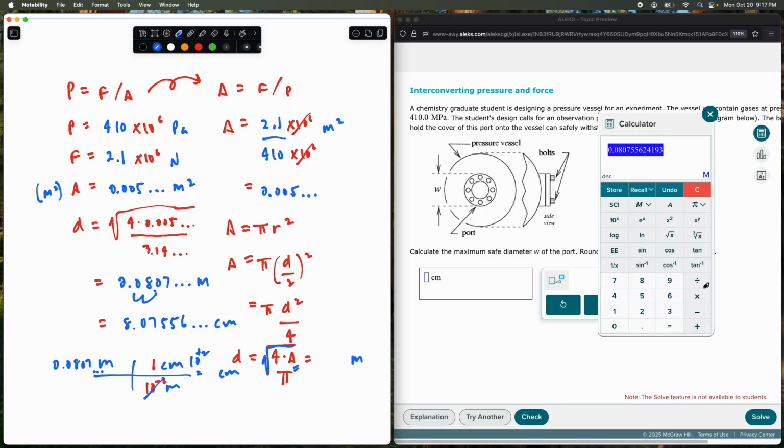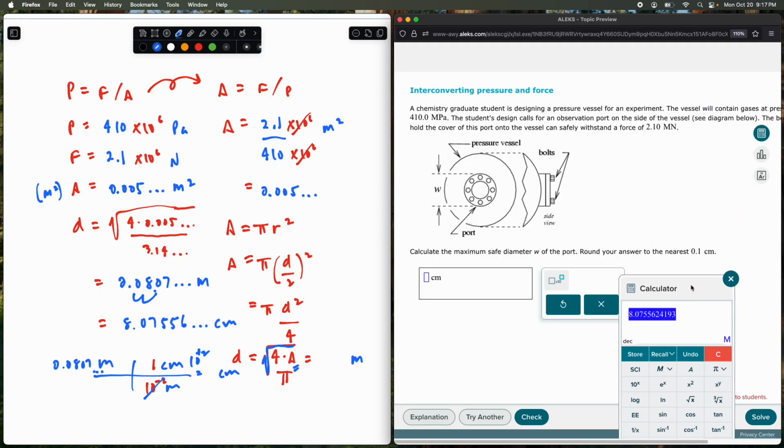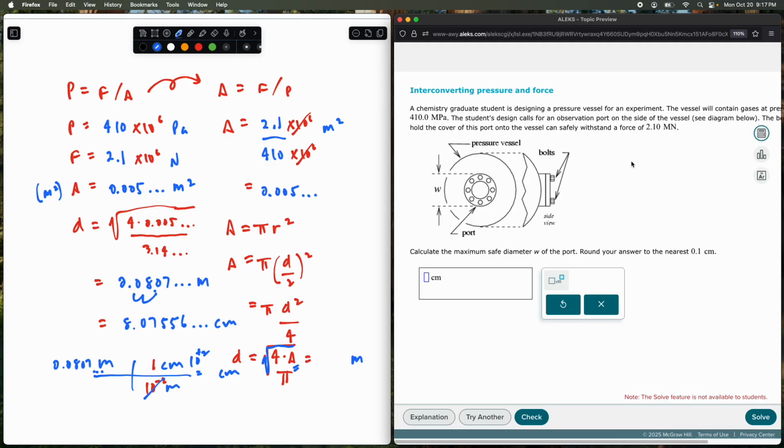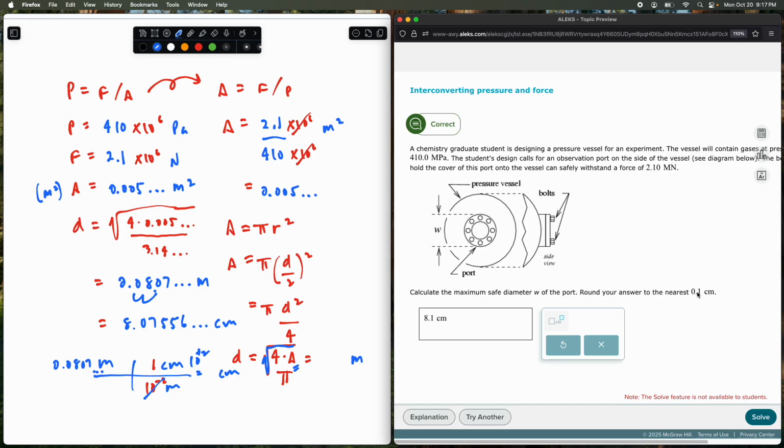Now, just to be safe, times 100 equals 8.07. Store. Okay, round to the nearest 0.1 centimeters. So it looks like it's going to be 8.1 centimeters. Check. Correct. All right. Hope that's helpful. See you on the other side.